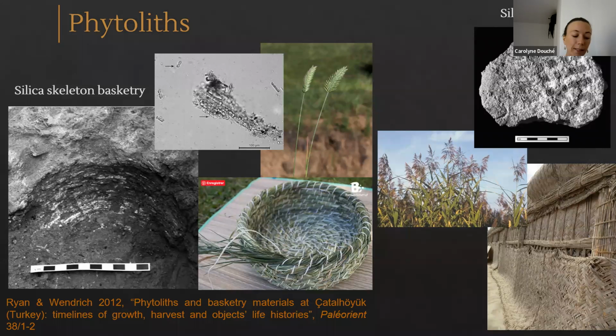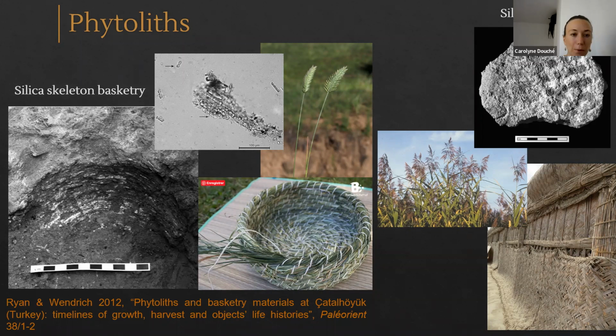So during the excavation, you may also discover white silica skeletons, which are usually very easy to recognize. And they sometimes show a pattern that refers to craft activities such as basketry or matting.